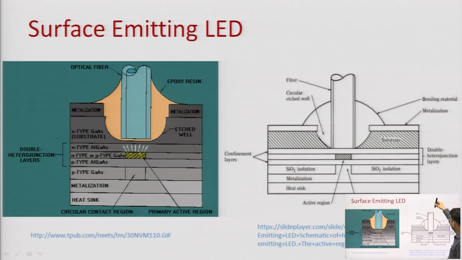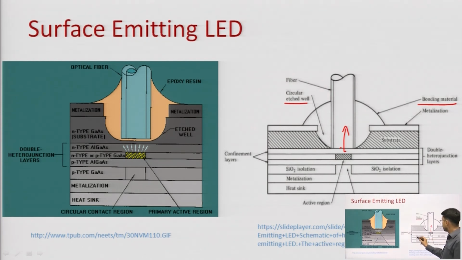You can see an optical fiber is coming over here, and it is attached here using a bonding material, and there is a circular etched well that is made here, so that the light that is emitted immediately enters the fiber. So this is the substrate and these are metal contacts.